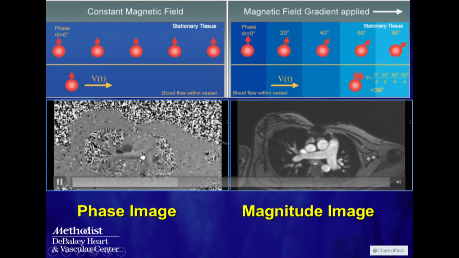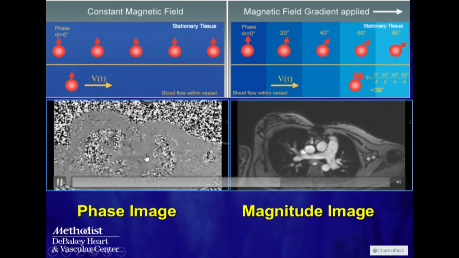So you acquire this data, which we call the phase image, where you'll see here is the central aorta, and here is the pulmonary artery, and you're able to assess volume based on the area of the region of interest multiplied by the pixel velocities, and that's how we get volume.